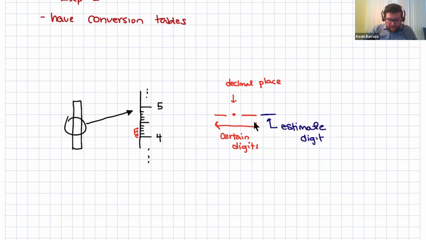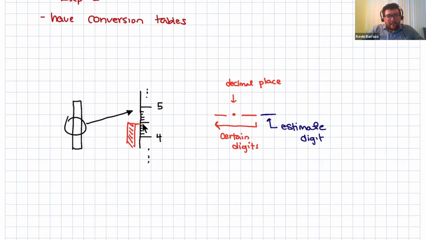And that's because sometimes an object, let me erase, sometimes an object might be in the little space between two lines. And that's the most obvious example of why we would want to go further, or why we are able to go further.